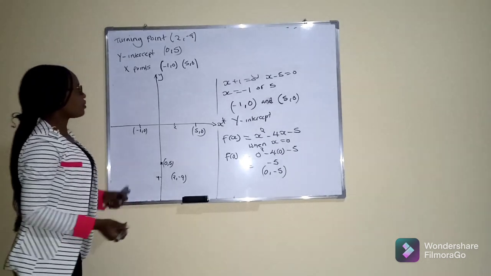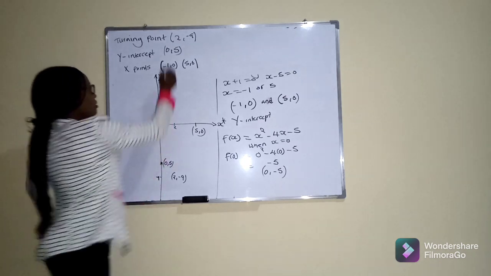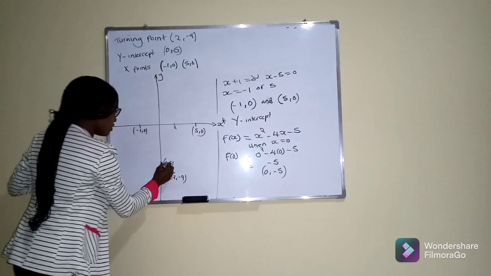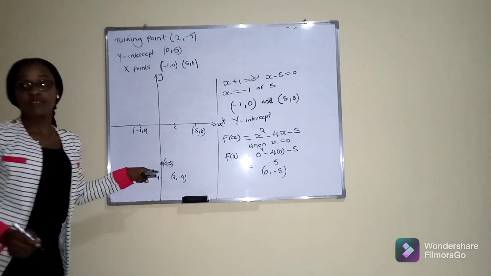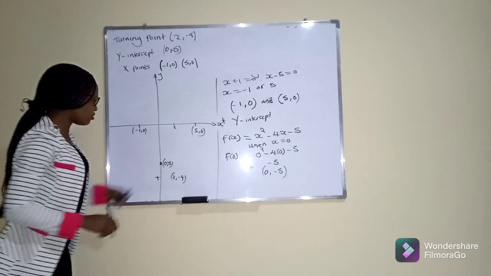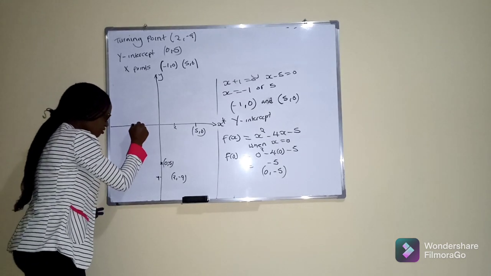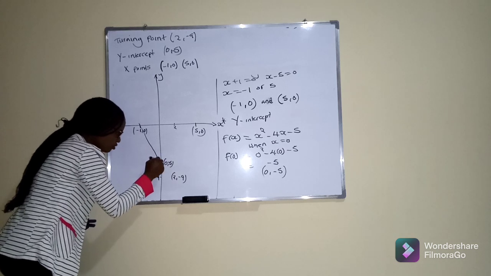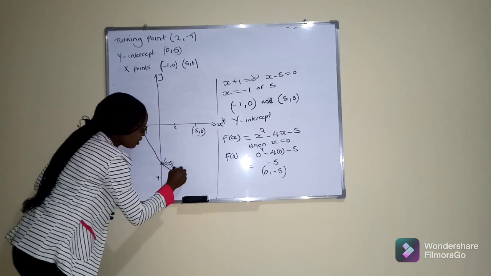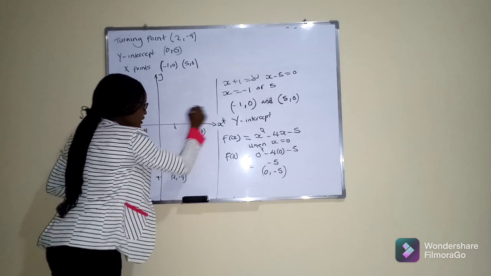Yeah, so that is what we have. By the way, sorry, this 2 is negative because what we picked from here was negative. That is the reason why it is down. Then from here, we're going to sketch this. So this is supposed to come like this to cut on the x-axis, then it goes like that.